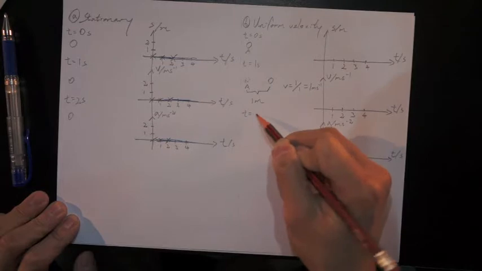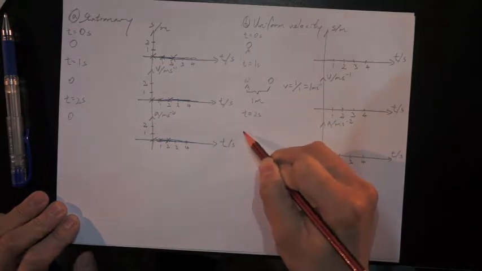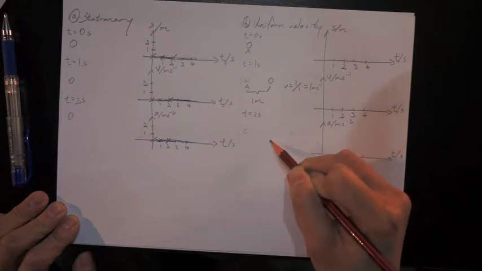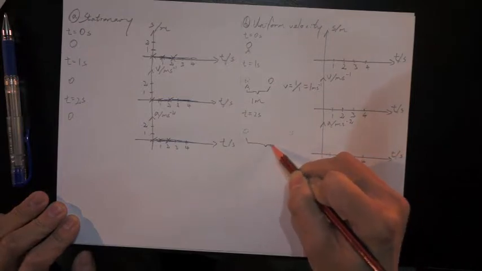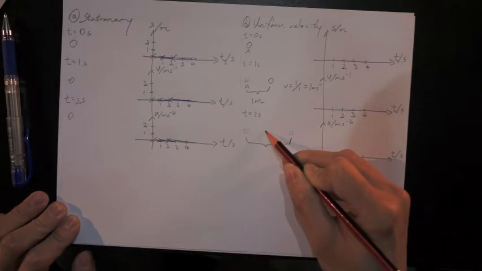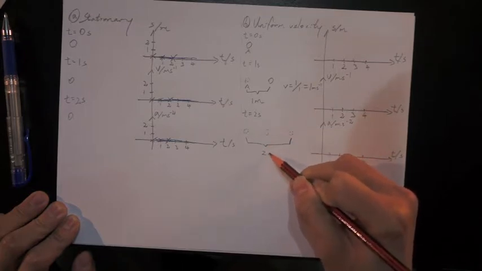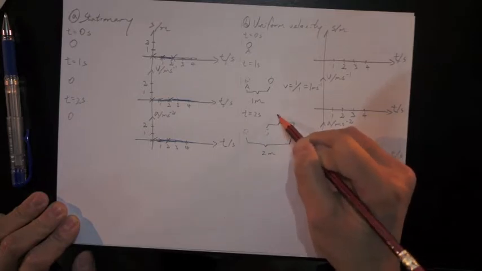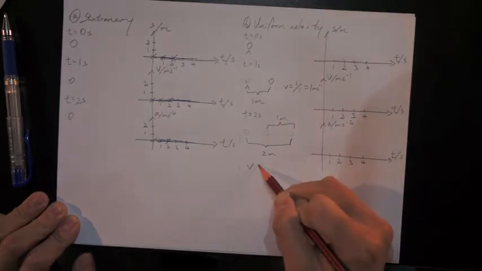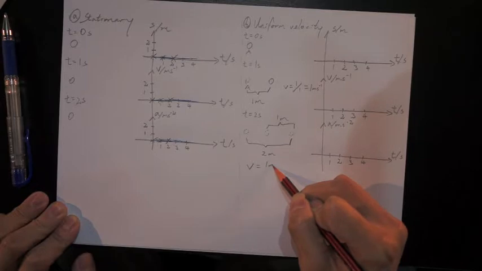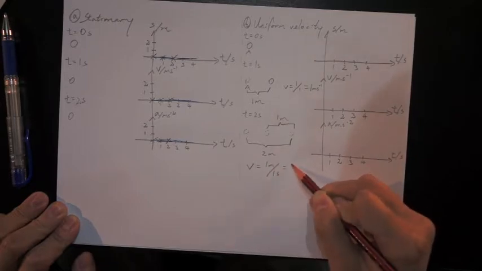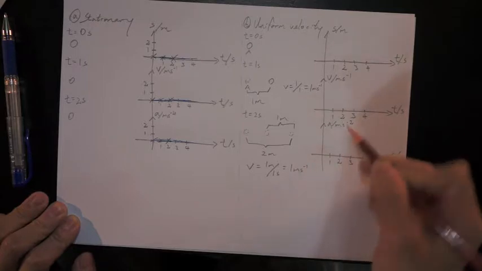For the second second, the object moves 1 meter more. So the total displacement is 2 meters, and its velocity is 1 meter per second.